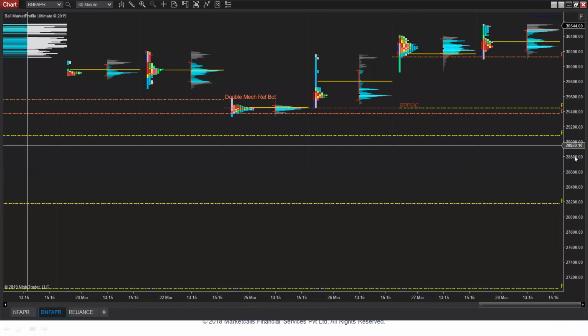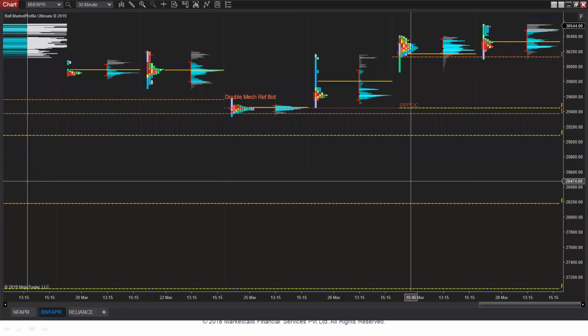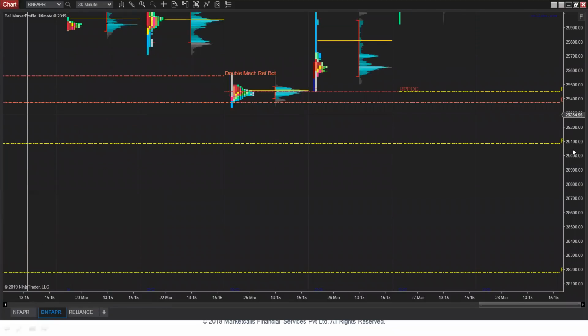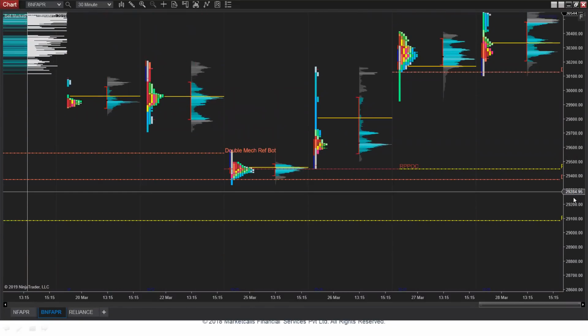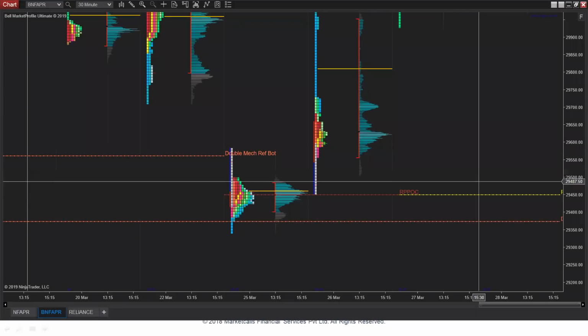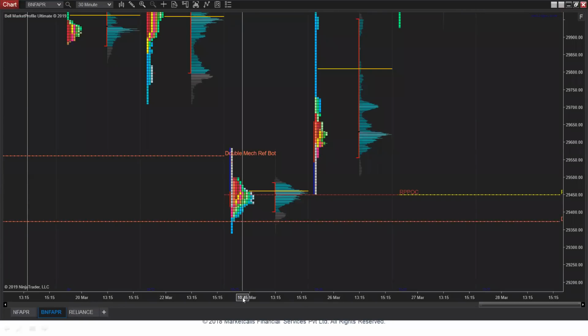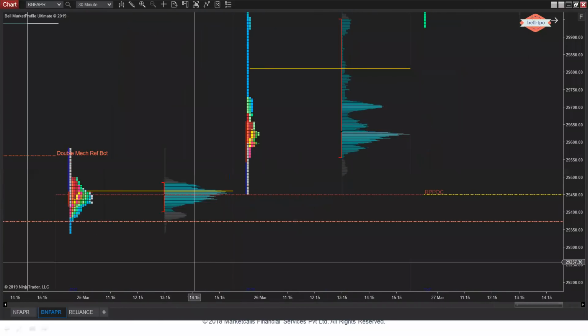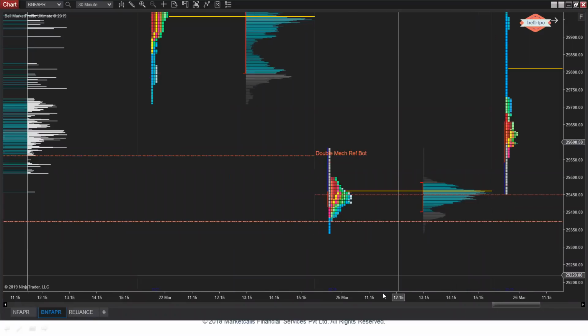Okay, so this is the Bank Nifty April contract information, and you see that on one day, 25th March, if you measure the total number of TPOs over here, you could find something interesting happening.